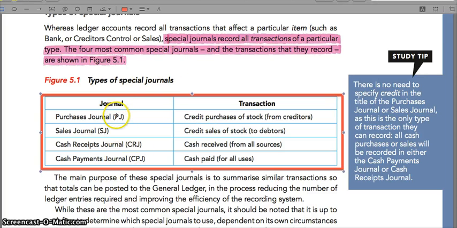You've got the purchases journal, or the PJ, which is what we're going to be looking at today. That looks at the credit purchases of stock, so just the transactions that we have with our creditors.